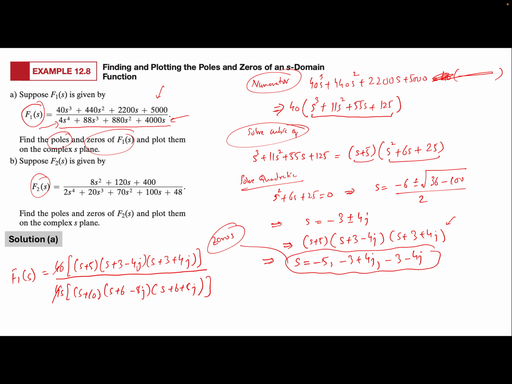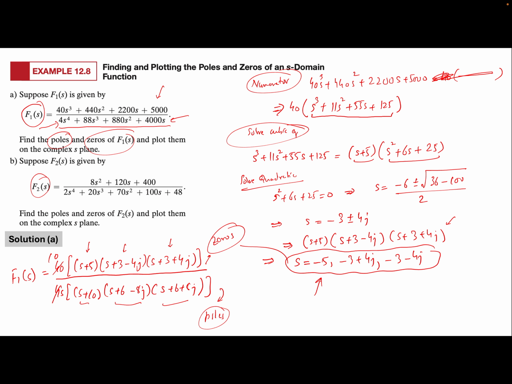And 4 cancelled out with 10. So again, these 3 are the roots of the numerator, these 3 are the zeros, and these will give the roots of the denominator. So this will represent the poles, and this will represent the zeros.